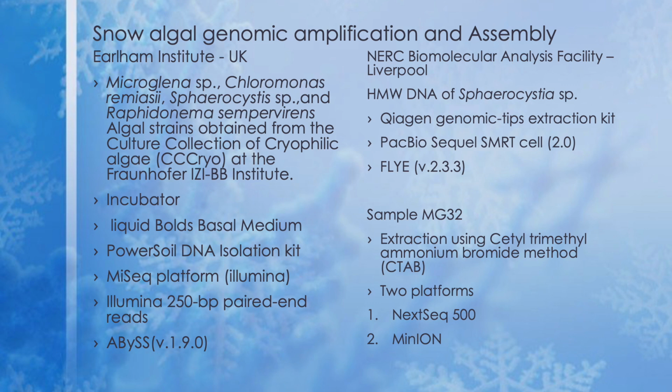Nanopore libraries were prepared using the ligation sequencing kit LSK 109 and sequenced on a MinION with FLO-MIN106 flow cell, controlled using MinKNOW 19.10.1. Raw nanopore Fast5 reads were base called with GPU Guppy 3.2.6.